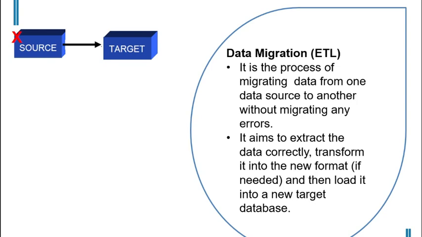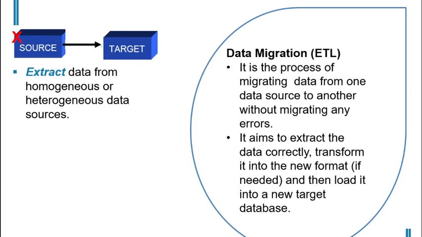And it is the process of migrating data from one data source to another without migrating any errors. So we are not just taking a backup, no, we are taking the right version and avoiding any repetition, replication, inconsistency in data. It aims to extract the data correctly, transform it into a new form that could be easily understood and analyzed.